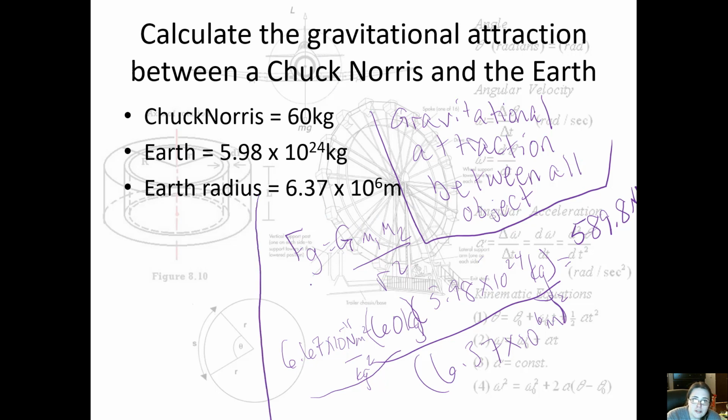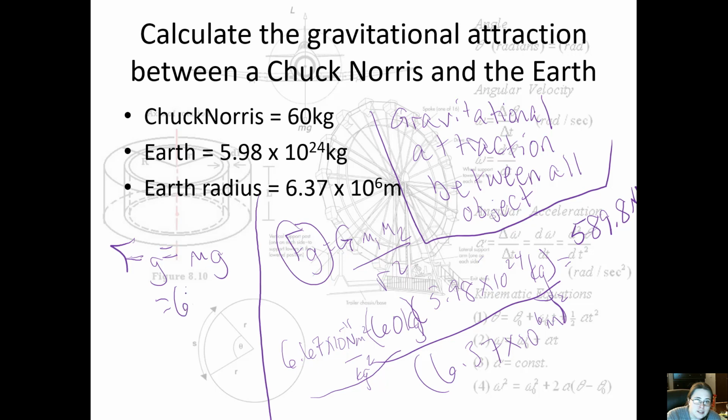Now, there's one other thing. We have found the force of gravity another way. This is 589.8 newtons, and that is dealing with the gravitational attraction between the Earth and Chuck Norris. But what about F of G, the way we've been doing it, where it's equal to mass times little g?